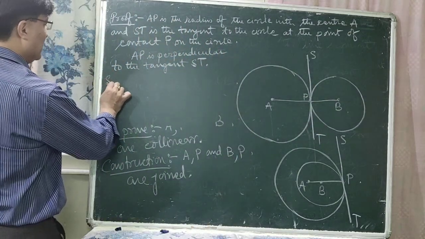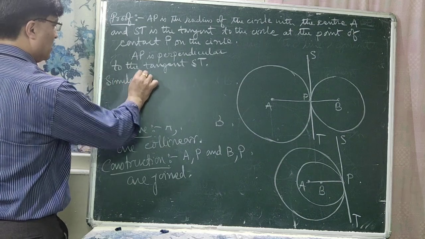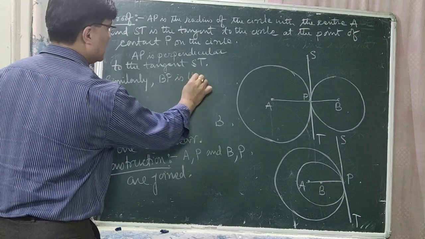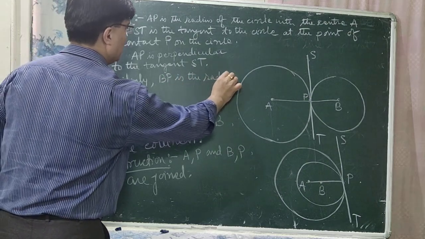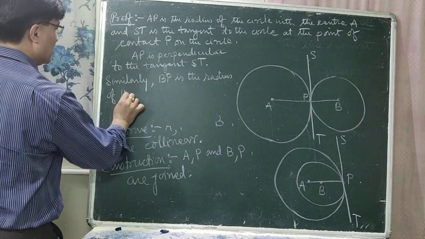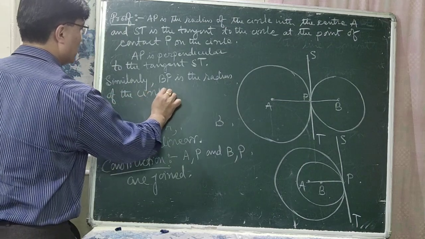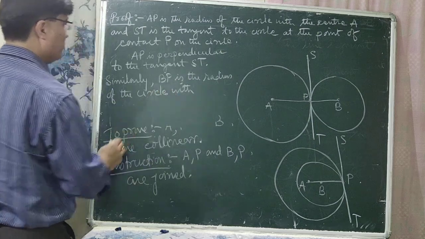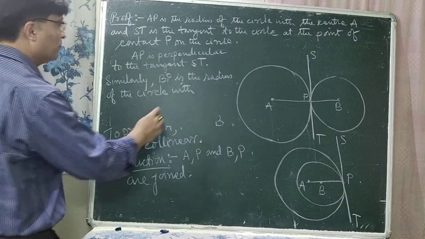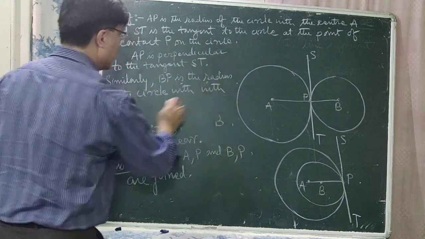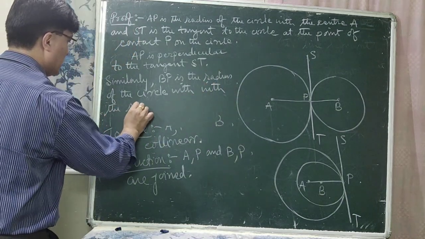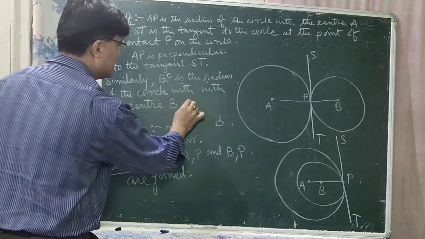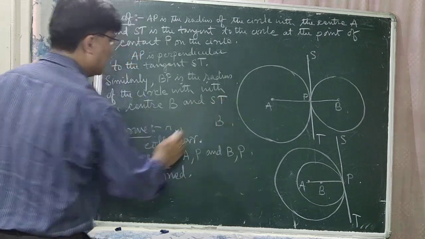So similarly you can write down that BP is the radius of the circle with the center B, and what is ST here?